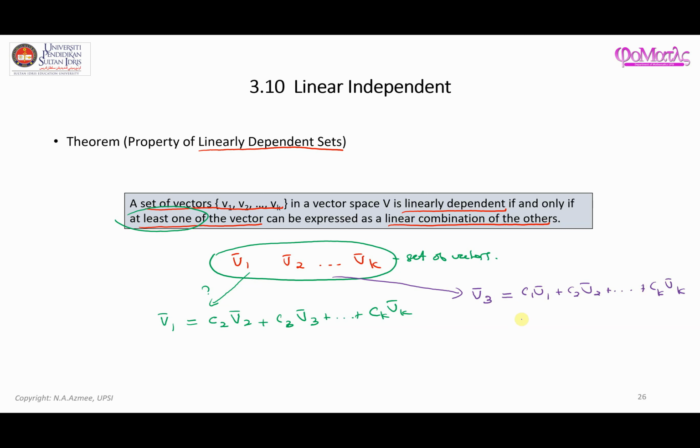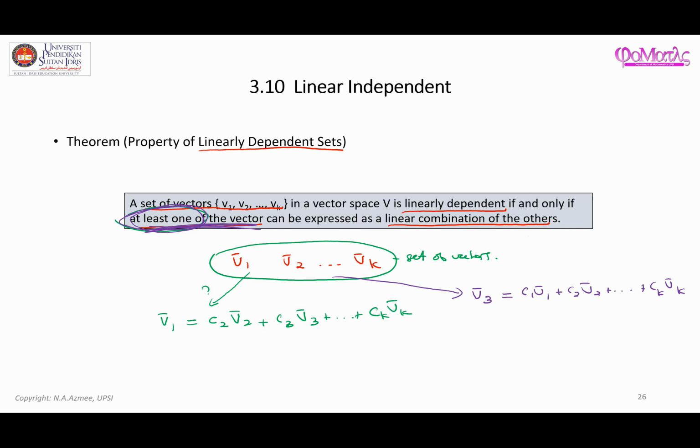So this could be another possible combination. Again, because here we have the keyword saying that at least one of the vectors here can be expressed as a linear combination of the rest of the vectors. Okay, well, so that's the idea.